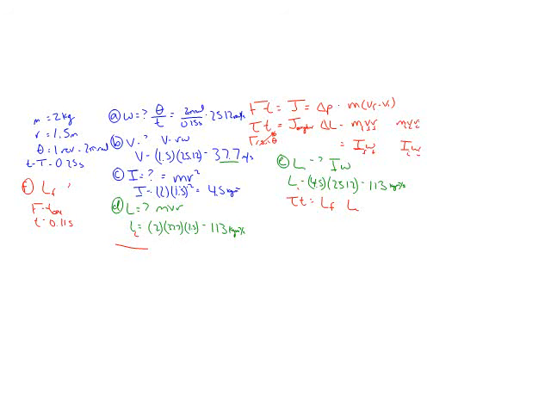This torque we already found to be Fr sine theta, and the sine theta goes away. So it's just FRt equals L final minus this 113. So we have negative 6 times 1.5 times 0.11 equals L final minus 113.